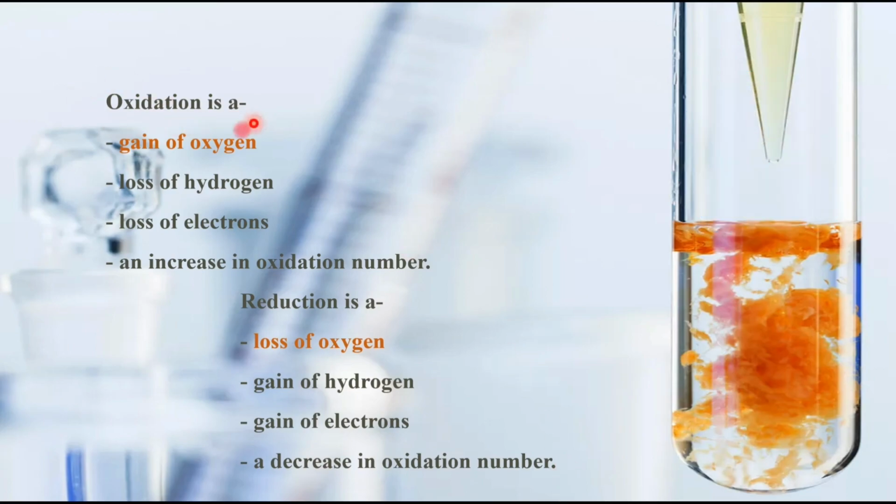Oxidation is a gain of oxygen, whereas reduction is a loss of oxygen. Oxidation is a loss of hydrogen, whereas reduction is a gain of hydrogen. In oxidation, loss of electrons takes place. In reduction, gain of electrons takes place.